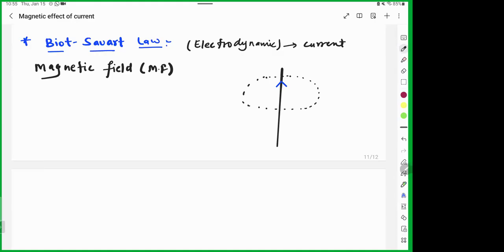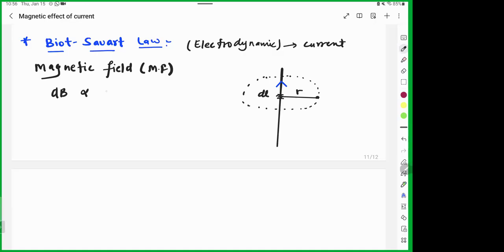Okay. Second, if you take this small section, for example this part is dl, and at r distance from this you want to calculate your magnetic field. Can we say what will be the amount of small magnetic field?